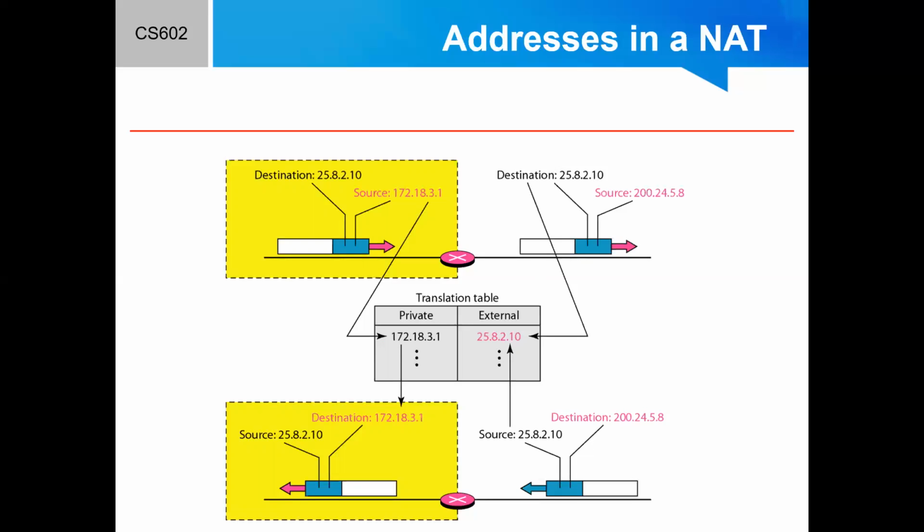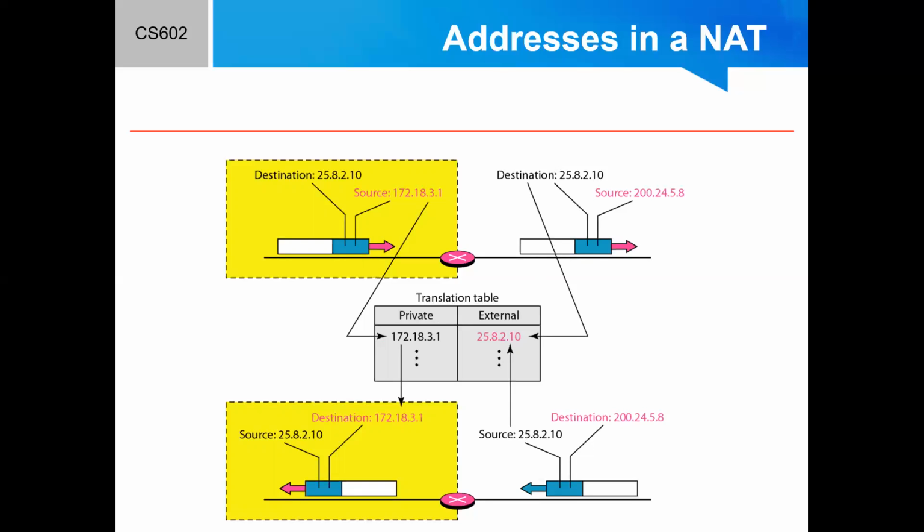In another case, using a pool of IP addresses, since the NAT router has only one global address, only one private network host can access the same external host. To remove these restrictions, the NAT router uses a pool of global addresses.